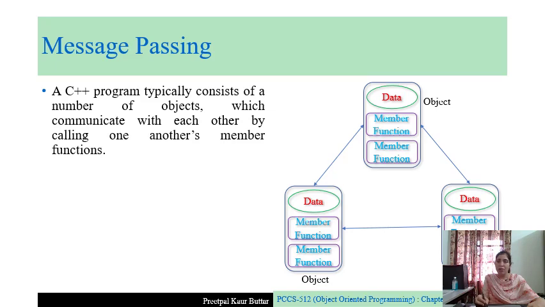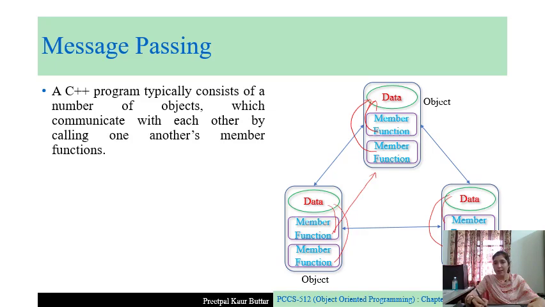As I told you, only the object's member functions are able to access the object's data. Similarly, this data can be accessed by this object's member functions, and this data by this object's member functions. So what if this object wants to access this object's data? It has to call its member functions.